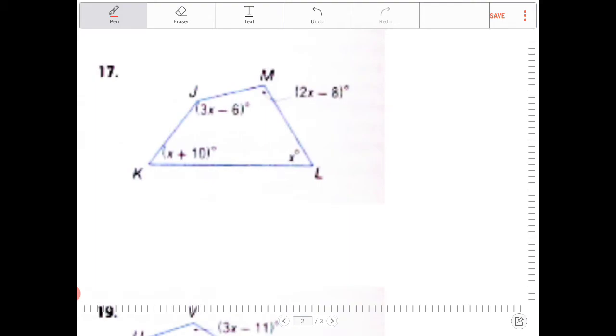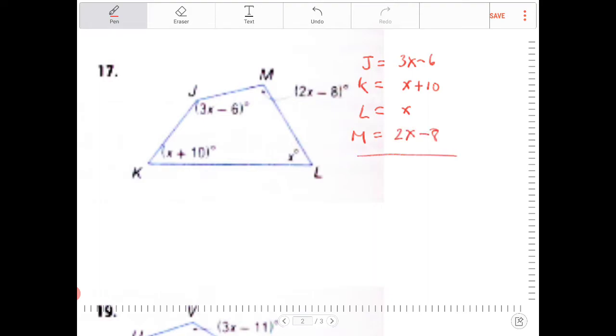I take the sum of the 4 angles there again, so I take J, which is 3x minus 6, add it with K, which is x plus 10, L, which is just x, and M is 2x minus 8. I add this all up: negative 6 plus 10 minus 8 would be negative 4. 3x, x, x, and 2x makes 7x.